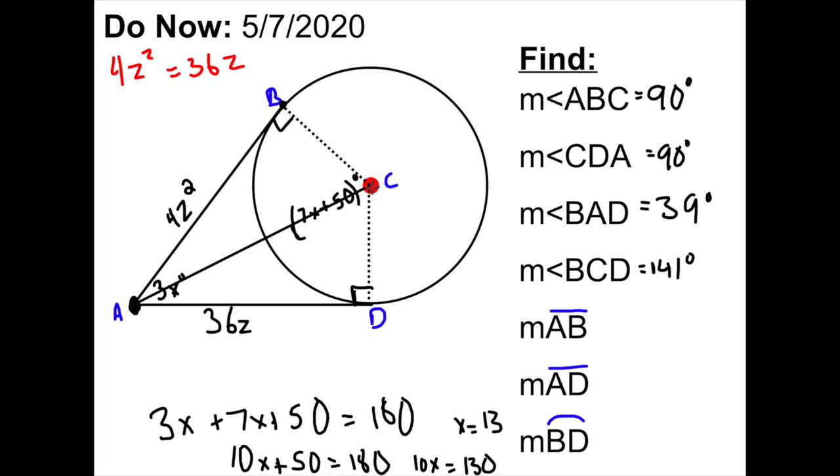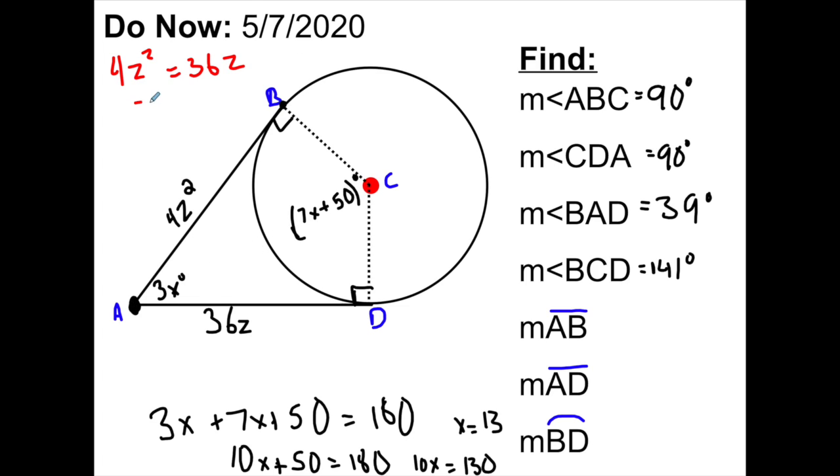Their bases are congruent because they're radii of the same circle, and all radii are equal in length. They also share this length in common, so by the reflexive property, this is congruent to itself. Because this is the hypotenuse of both triangles, these two triangles are hypotenuse-leg congruent. Because corresponding parts of congruent triangles are congruent, those two lengths must be equal. So we set them equal to each other.